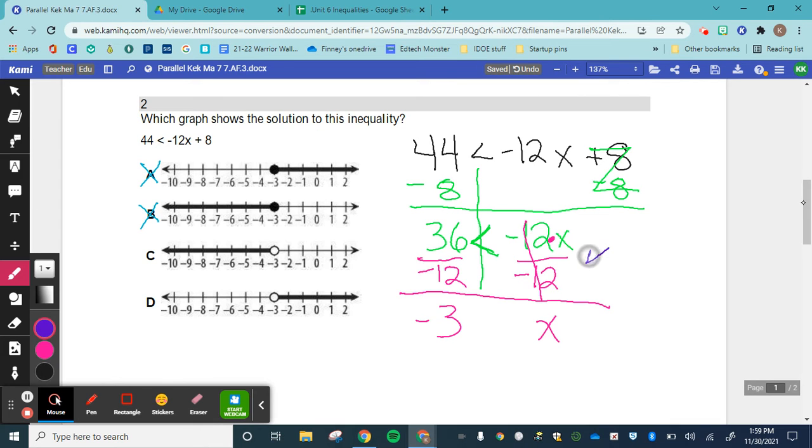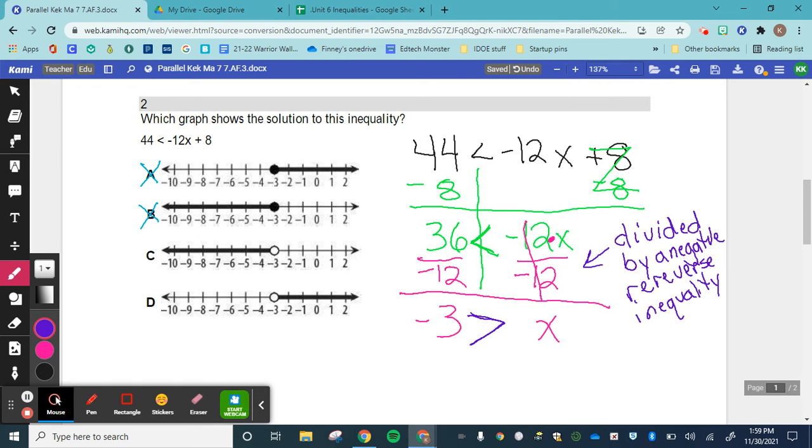And right here, since I divided by a negative, I do need to reverse the inequality. So instead of less than, it's now going to turn into greater than. So when I solved it, I now have negative 3 is greater than x.